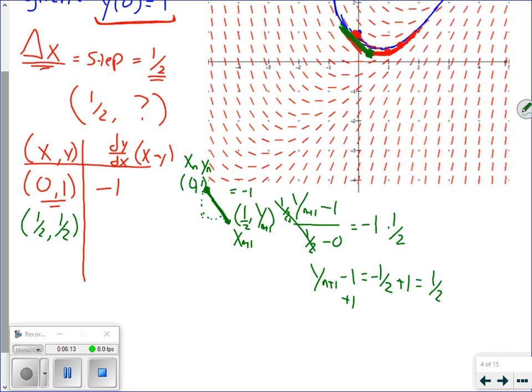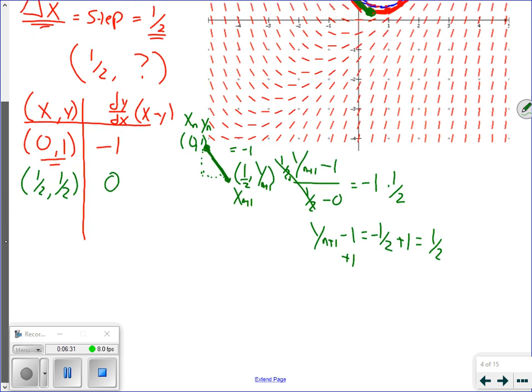Well, if I'm at this current point right here, I'll call that now x sub n and y sub n. If I'm at my current point, what would be the slope at that point on my slope field? What's the slope at (1/2, 1/2)? Well, it's x minus y, or 1/2 minus 1/2. It's 0.